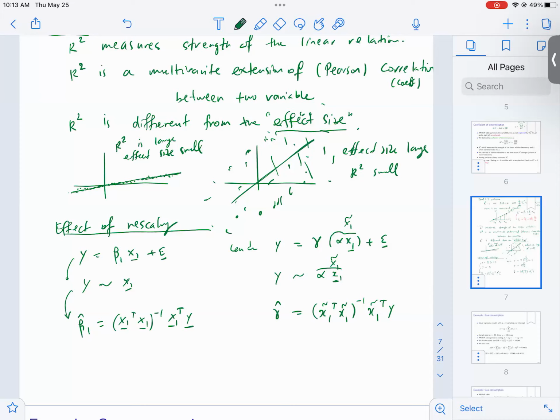So what would happen now? I plug in, right? What would I get? It's alpha divided by alpha squared. So I get two alphas, alpha squared here, X1 transpose X1, because one alpha comes from this, one alpha comes from that. Inverse, and then X1 transpose Y. So it will be alpha divided by alpha squared.